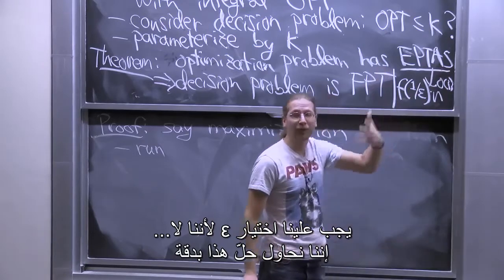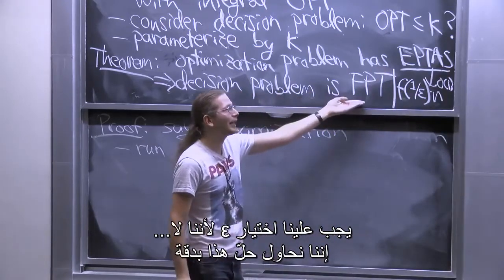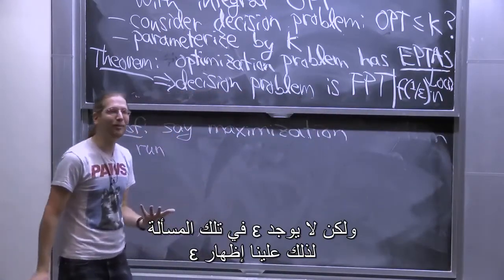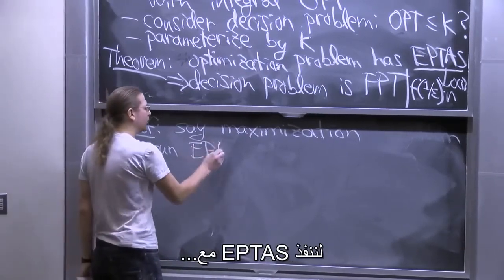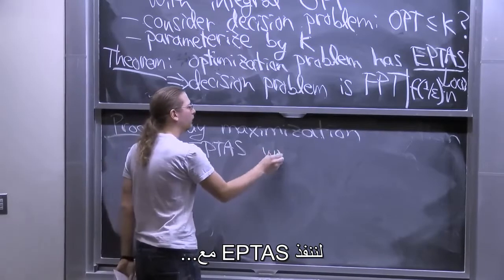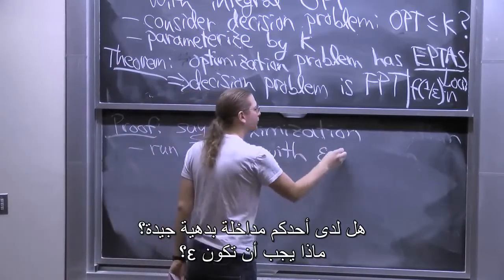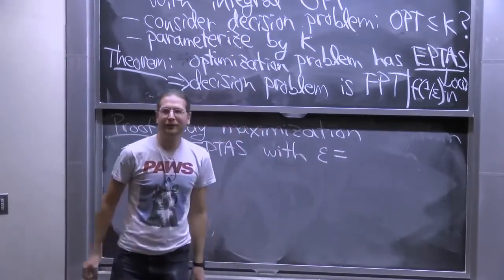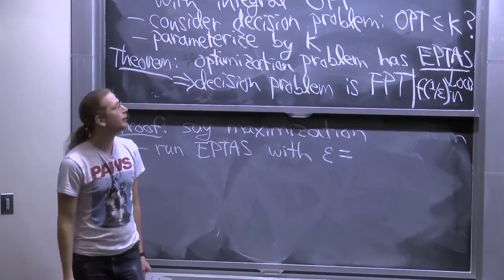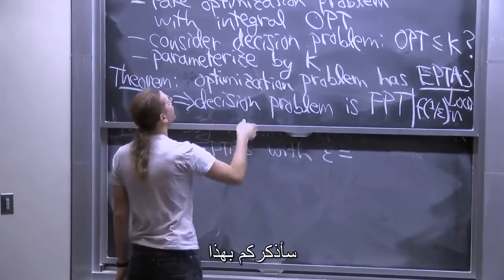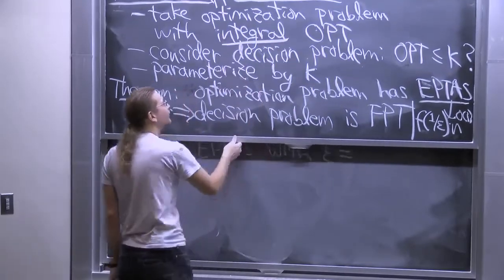We need to choose epsilon, because we're trying to solve it exactly, but there's no epsilon in that problem. So we've got to make one up. Let's run the EPTAS with, anyone have good intuition? What should epsilon be? Remind you of this.